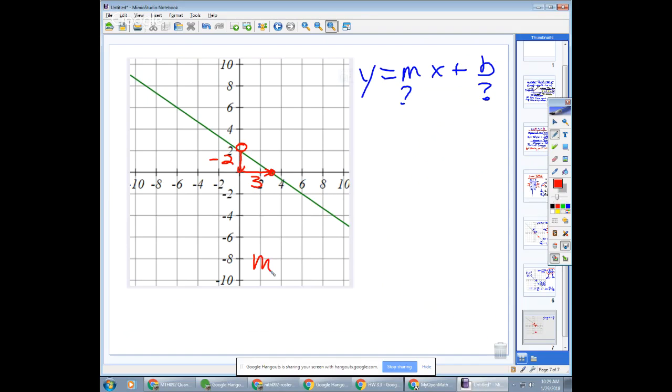So I think the slope is going to be negative 2/3. And the y-intercept seems to be positive 2. So I'm thinking the equation is y equals negative 2/3 times x plus 2.